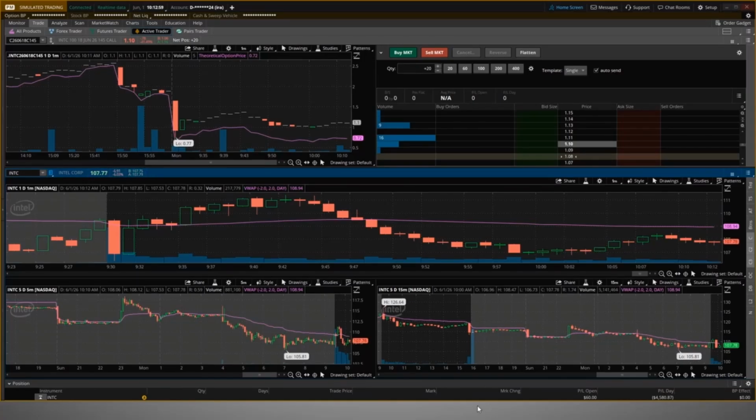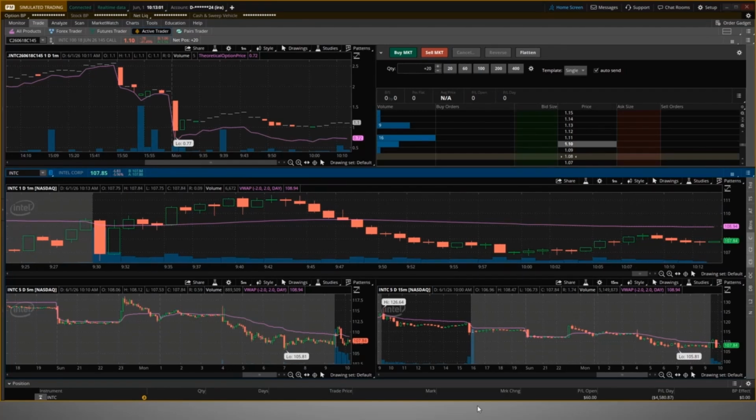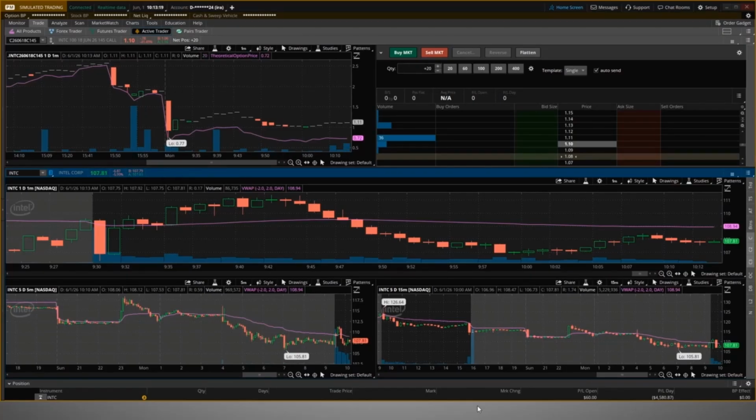I do wait a little bit to see if it continues staying at the support level, so it can make higher lows and continue going higher. But as you can see, it takes a little bit of time.